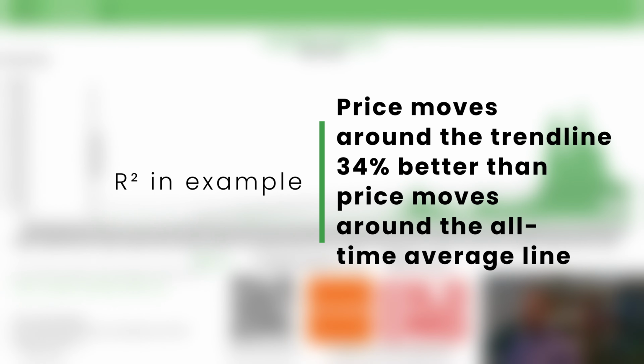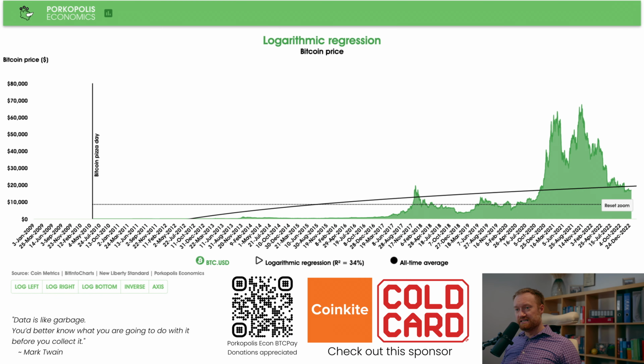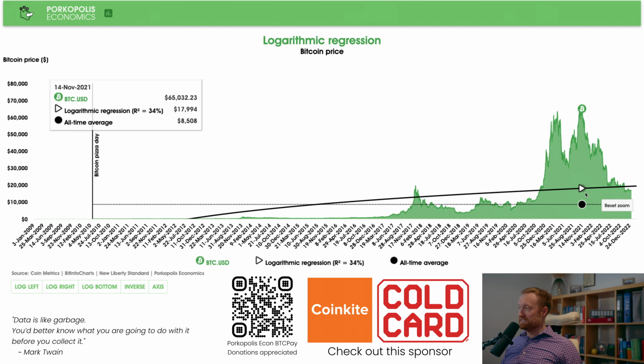I will remind you that in our linear regression that we drew over the Bitcoin price, the R squared was 50% with the linear trend line. And the price in the linear trend line analysis for Bitcoin was $26,183. That's what the linear regression was predicting. Let's see what the price is on the logarithmic regression now. $19,208.